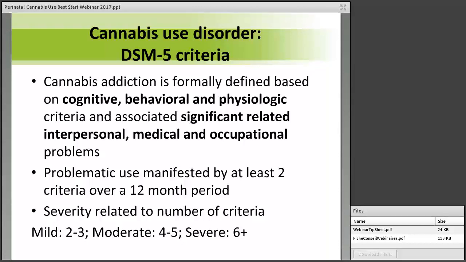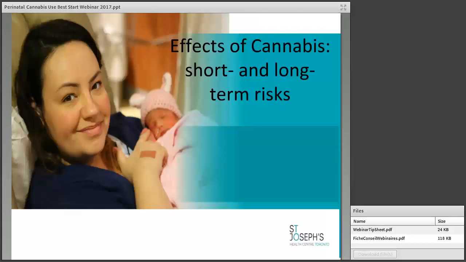It is a real disorder, and the DSM-5 has criteria for the diagnosis of these women. The severity of the cannabis use disorder is based on how many criteria they meet. And we know that women with cannabis use disorder, particularly moderate to severe, will have a much harder time achieving abstinence during pregnancy, and this is the population of women that will need our help.